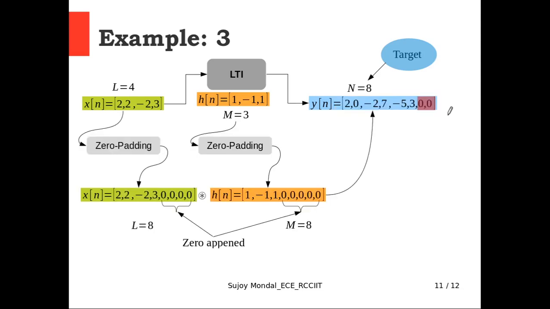Let's see how it is possible. We do zero padding so that the length equals capital N, 8. So we append 4 zeros here. Now L equals 8, and h has 3 samples, so we append 5 zeros at the end so that finally it has 8 samples.